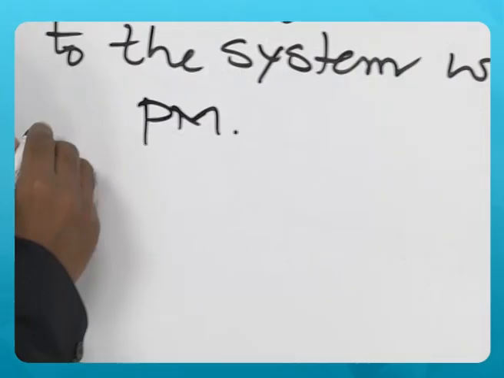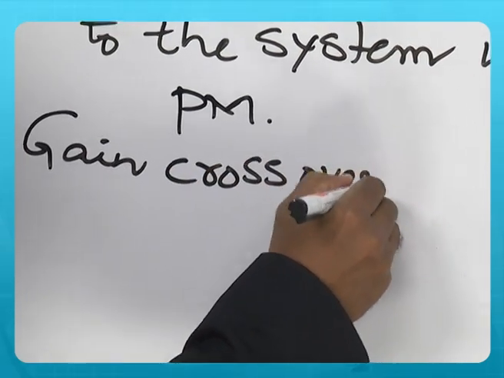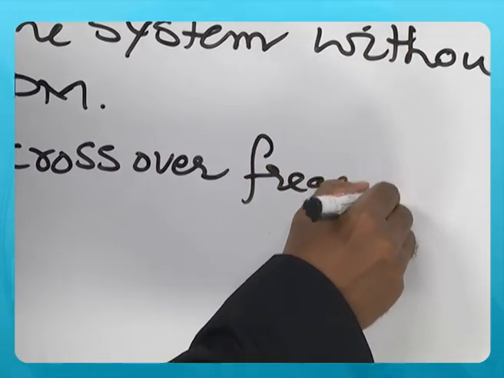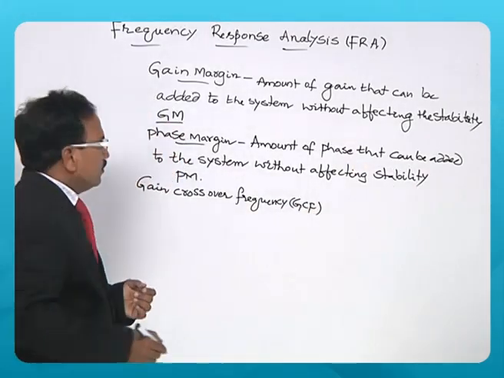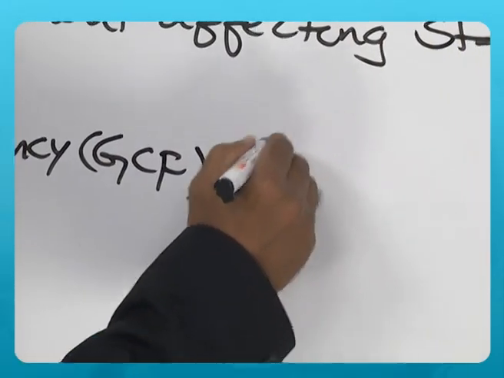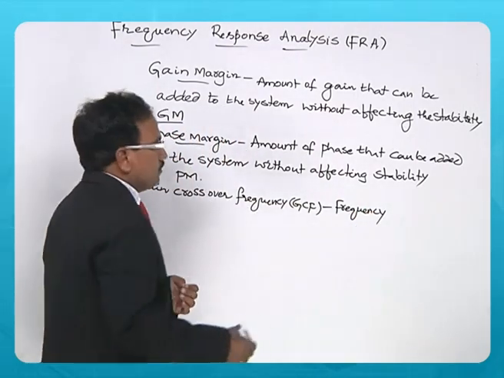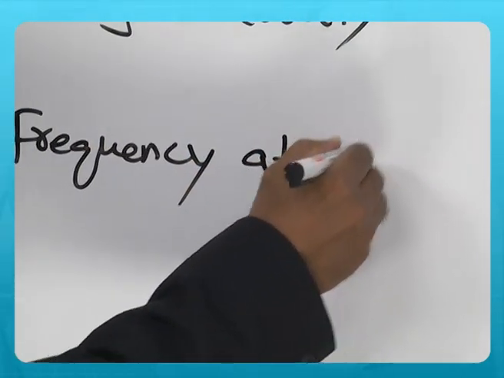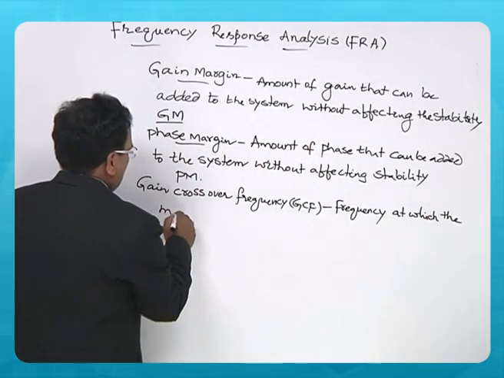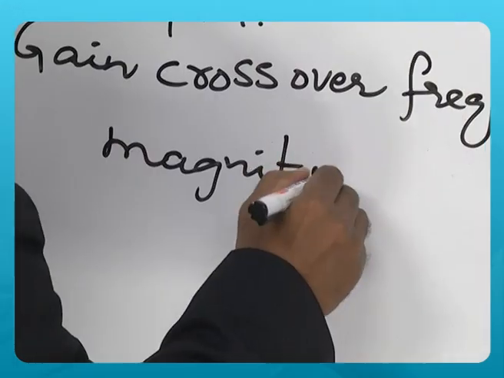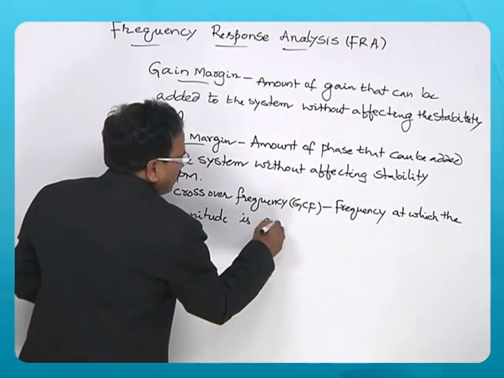Now, the next term is gain crossover frequency. This is represented by GCF, and this is the frequency point on the frequency response curve at which the magnitude is 0 dB.